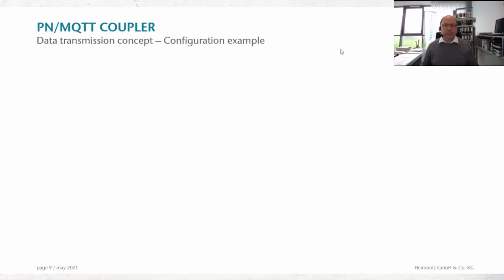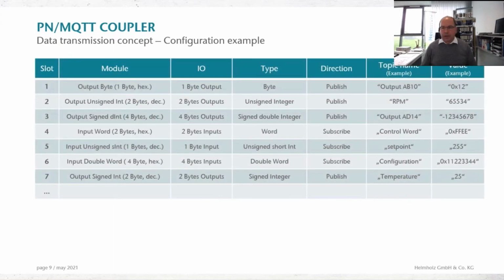Okay, yeah, some example of how the data transmission is configured. So we have a table here. This is an example. I want to exchange some values between my PLC and the outside world on MQTT.